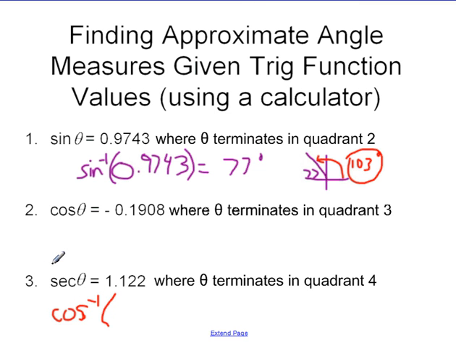Now, since I took the reciprocal of secant, I have to take the reciprocal of my 1.122. So that's 1 over 1.122. Make sure when you do this, you do put this section in parentheses, otherwise your calculator will mess it up. And so here, when you plug this in, you should get about 27.